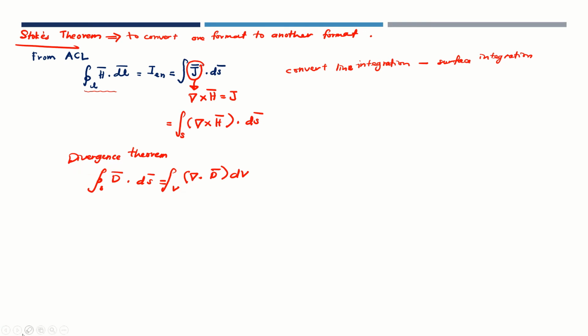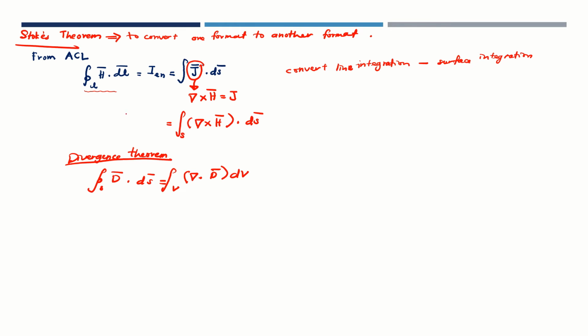This is based on the electrostatic field. So based on the electrostatic field, we can convert surface to volume, and based on the magnetostatic field, using the Stokes theorem, we can convert from line to surface. So this is basically about Stokes theorem.